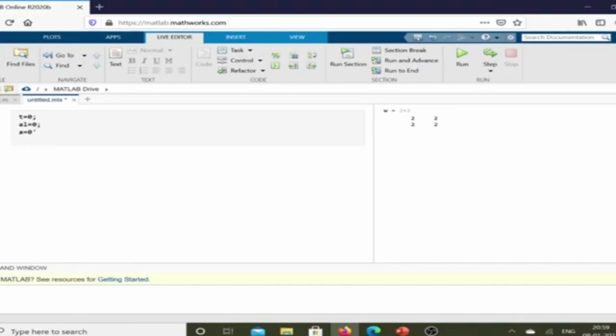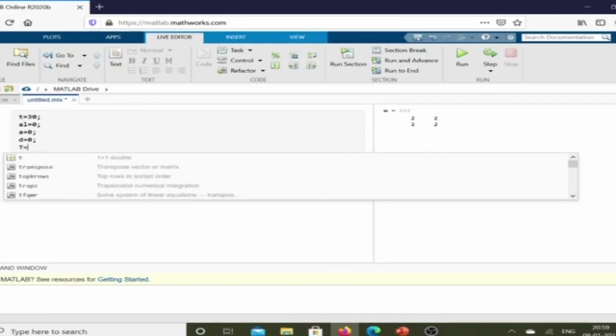And what was the other variable? D is also equal to 0 for the first row. Let me just put this as 30 just to show you how it works. Next, I have to input my transformation matrix T.